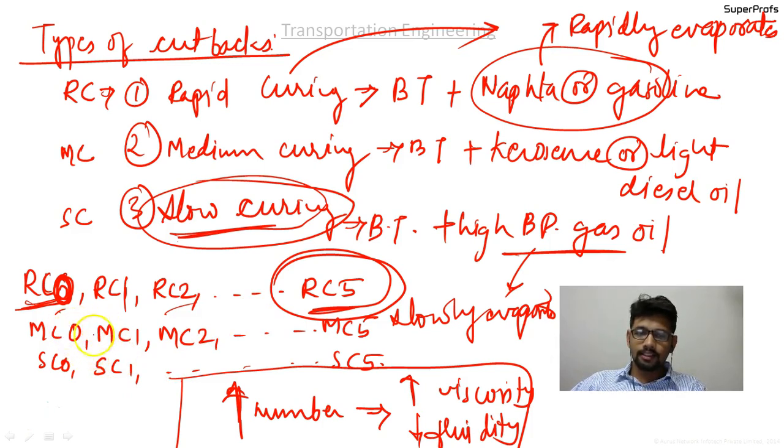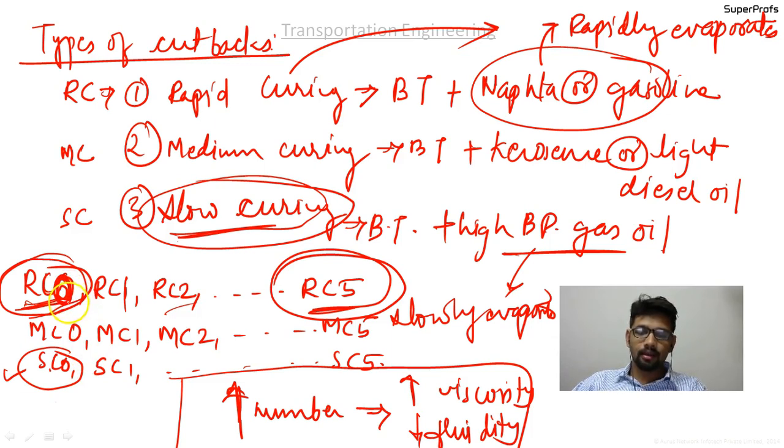Again, SC0 and RC0 both have got the same viscosity, but RC0 gets hardened rapidly compared to SC0. Please understand my statement. That depends on the curing rate.